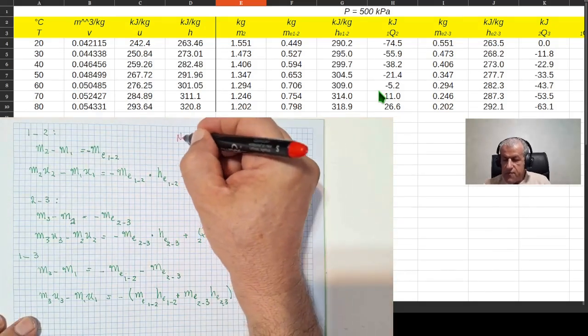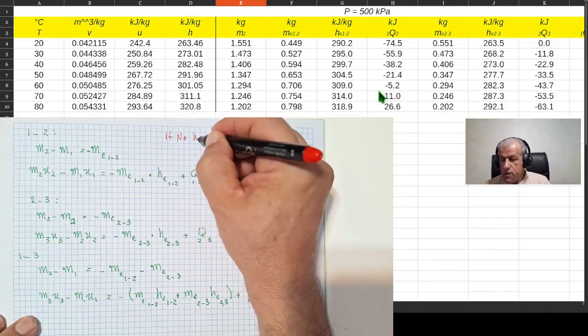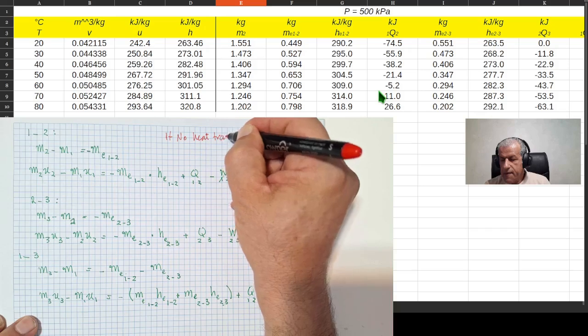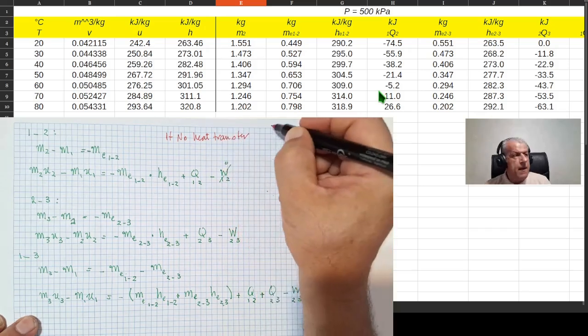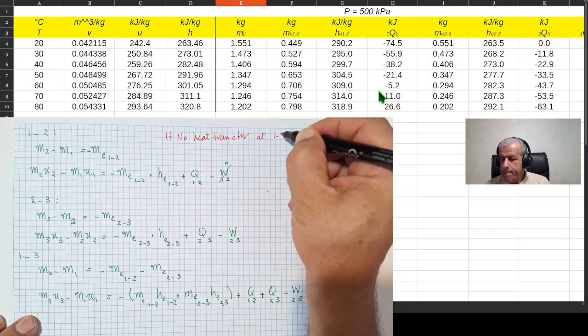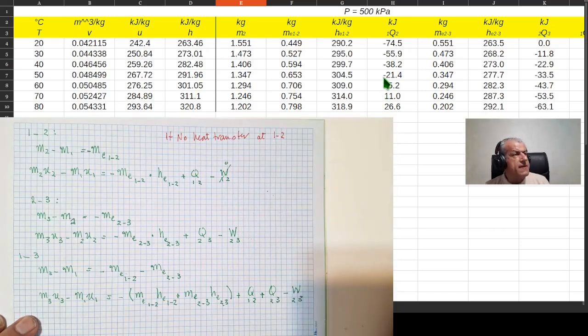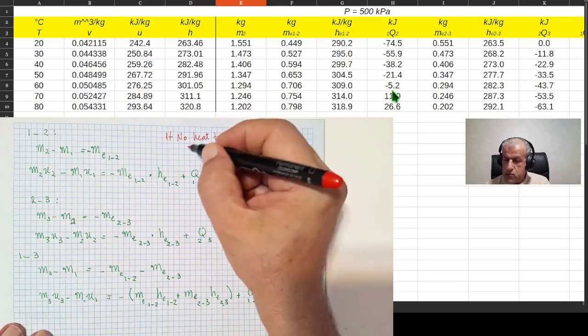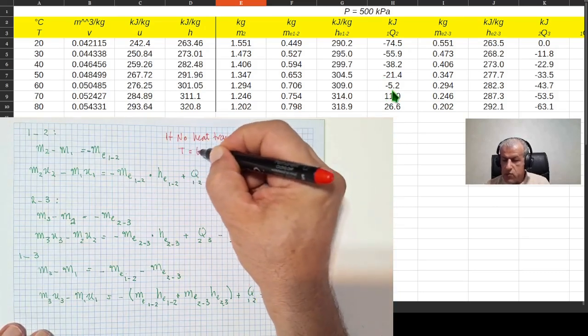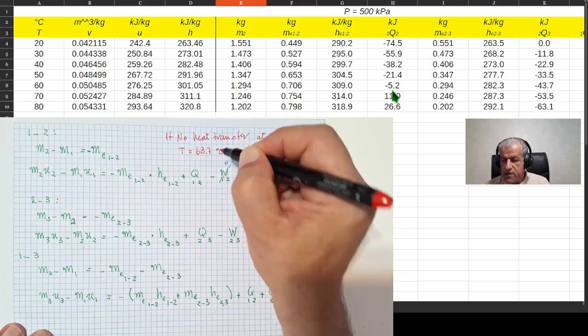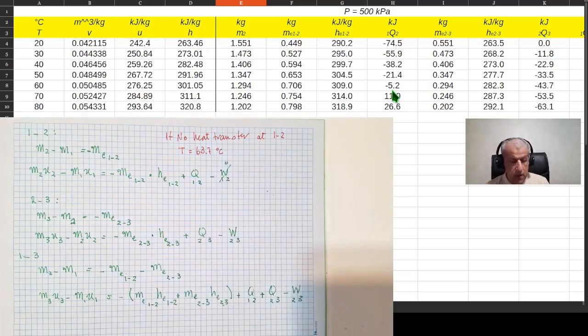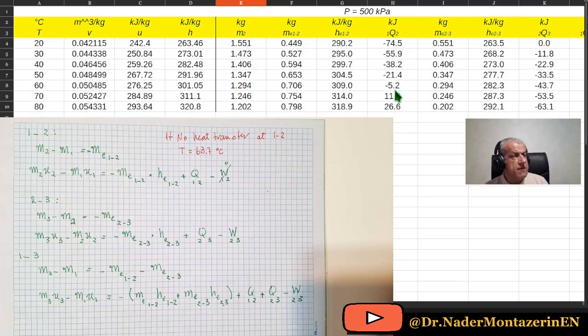No heat transfer at 1-2, then you see that the Q should be somewhere around here, and I have calculated the temperature to be T equals 63.7 degrees C. So if there is no heat transfer, the temperature would be somewhere between 60 and 70, and that would be 63.7.